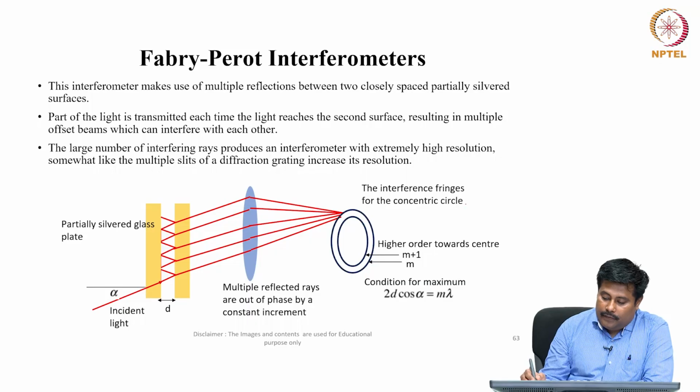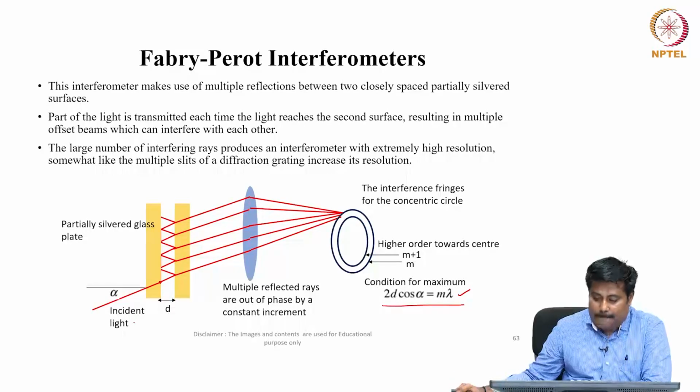Now the interference fringes for the concentric circles are available. The higher order towards the center is called m+1 and the lower order is called m. The condition for maximum is governed by 2d cos alpha equals m lambda. Lambda corresponds to the wavelength, alpha corresponds to the incident angle, and d corresponds to the spacing.